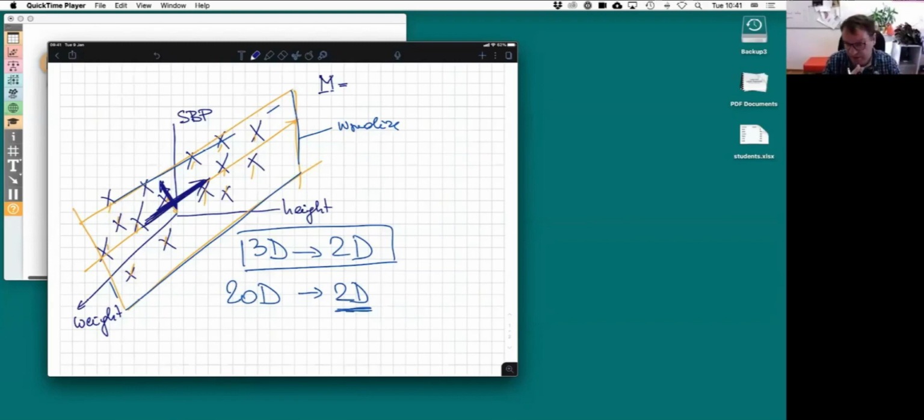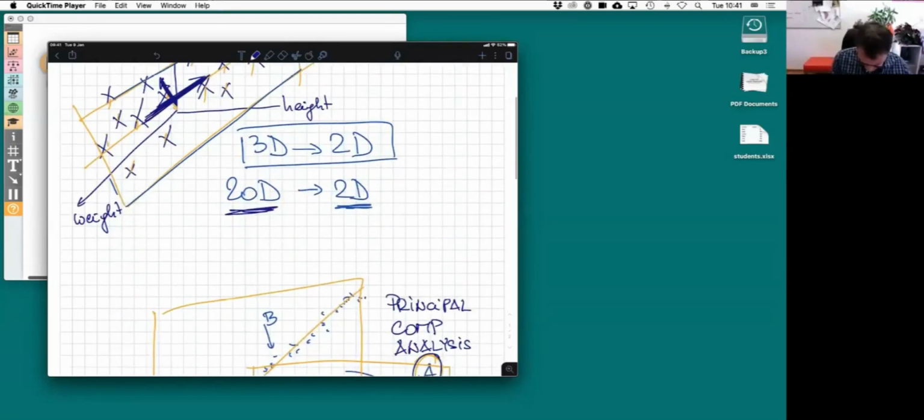Ideally, the first 2 components would describe 100% of the data, but that would mean that even in a 20-dimensional data space, all the data would lie on a plane, which is usually not the case.